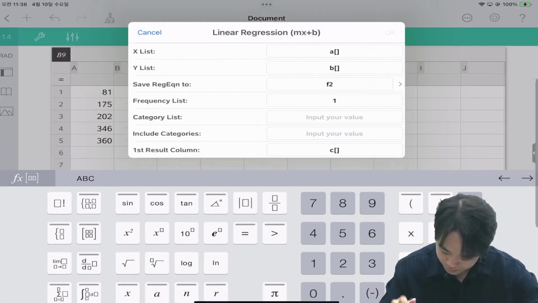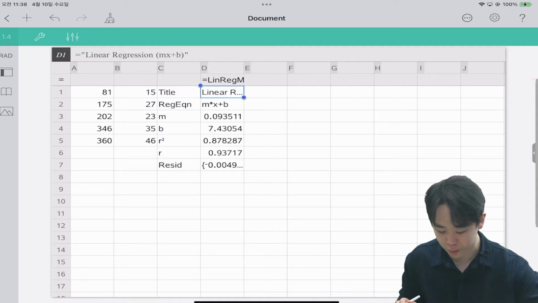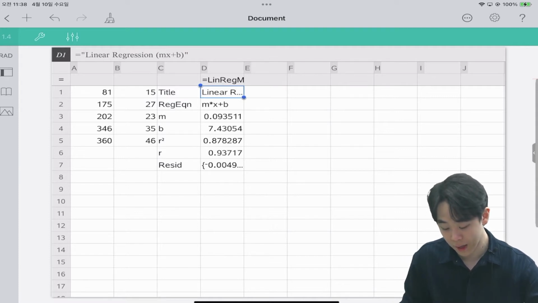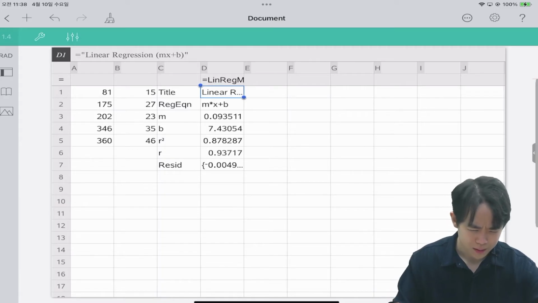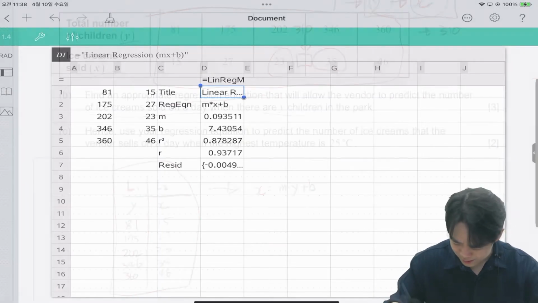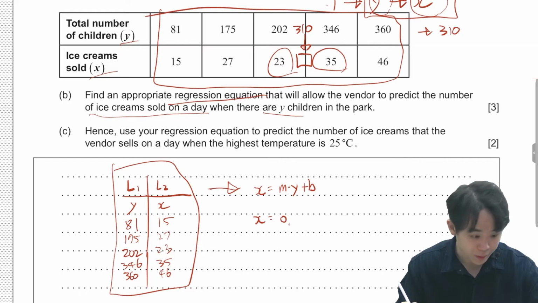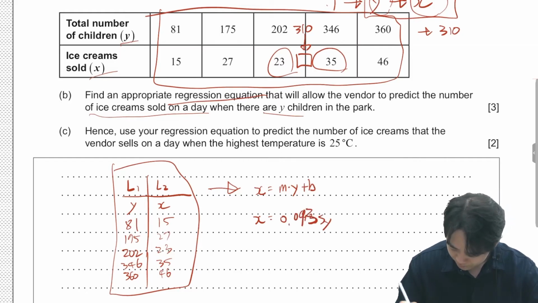We should find our equation of 0.0935x plus 7.43. So our regression model looks like x equals 0.0935y plus 7.43.